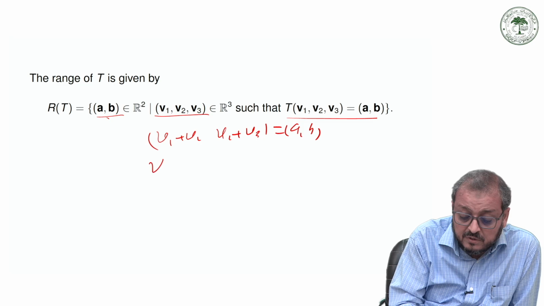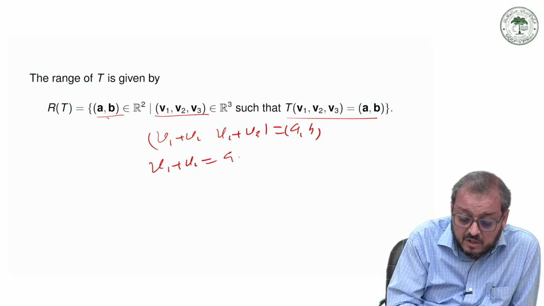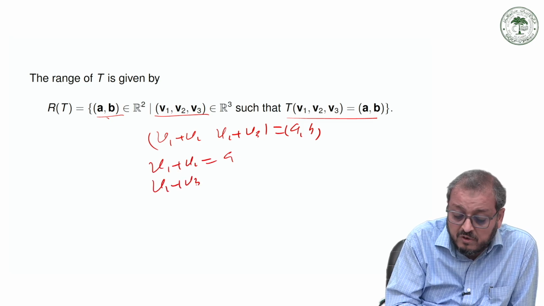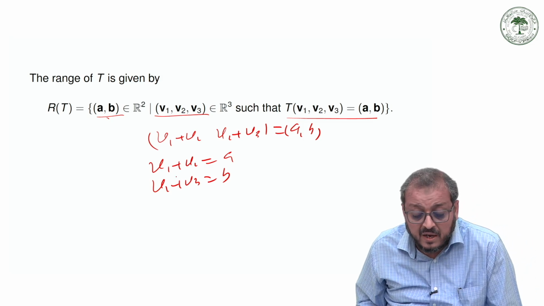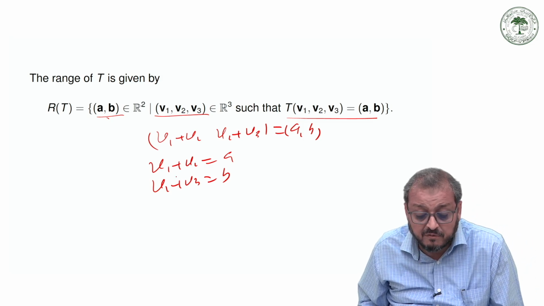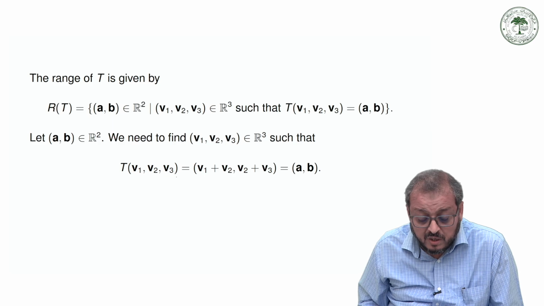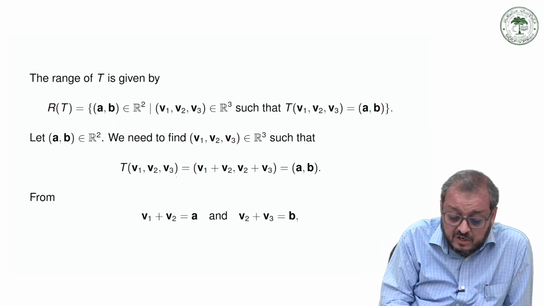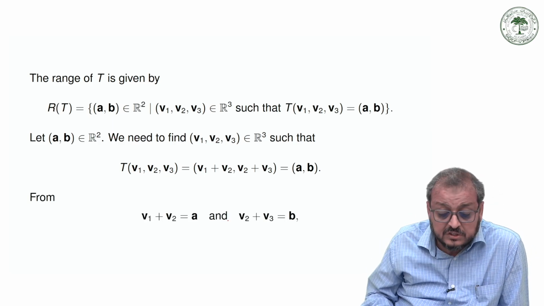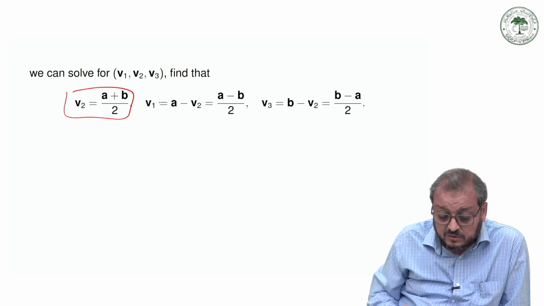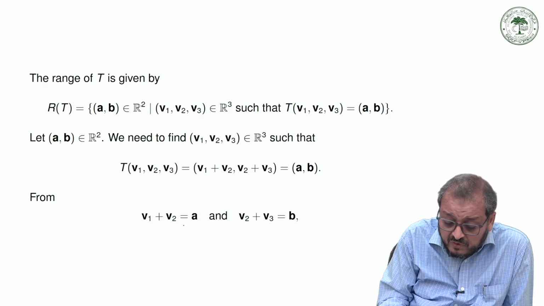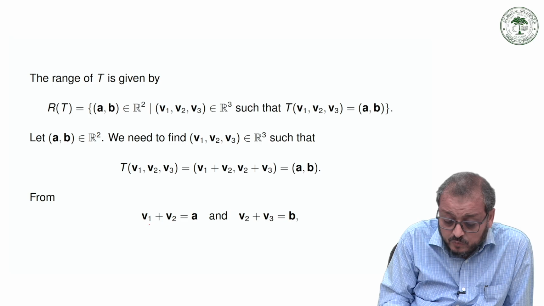Then v1 plus v2 is equal to a, and v2 plus v3 is equal to b, and we have to simplify this in the form of a and b, in terms of v1 and v2.